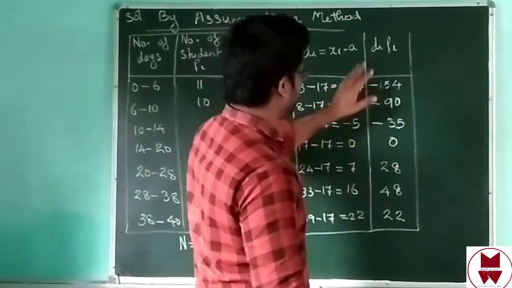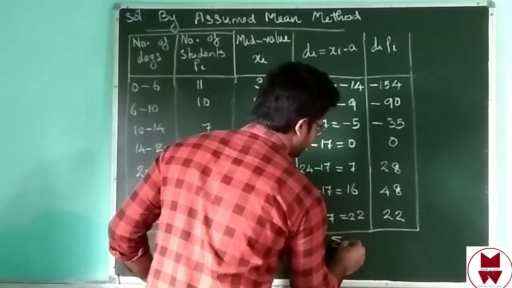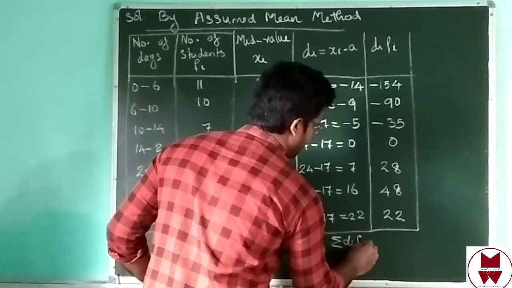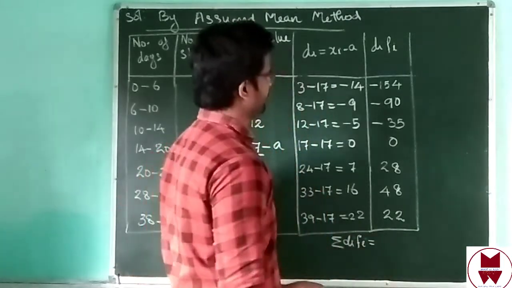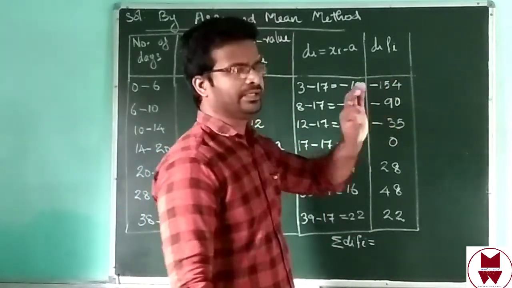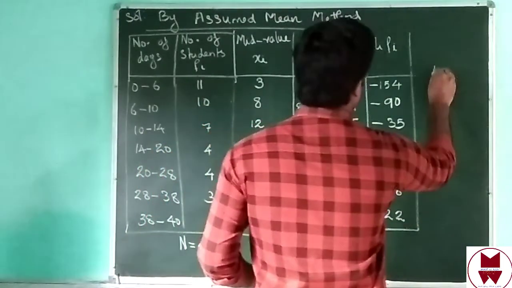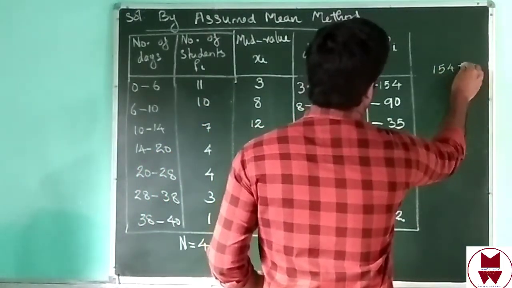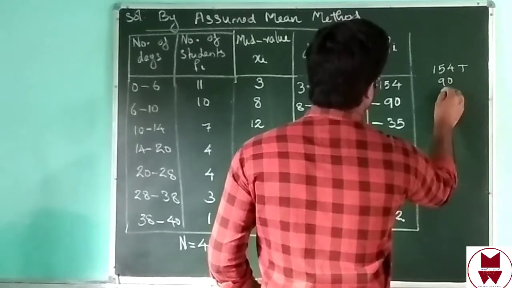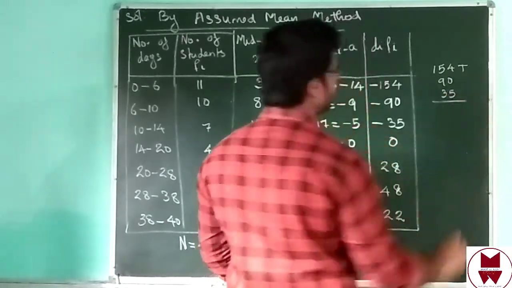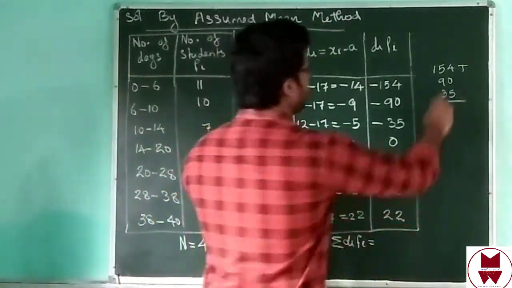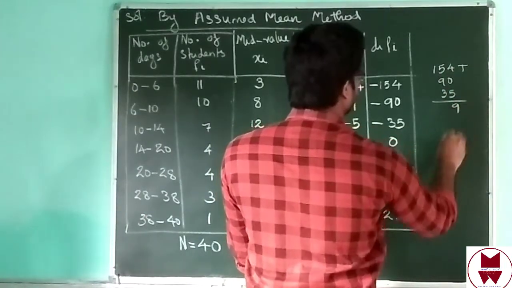Then sum of di fi. First we can add only the negative numbers, that is 154 plus 90 plus 35.